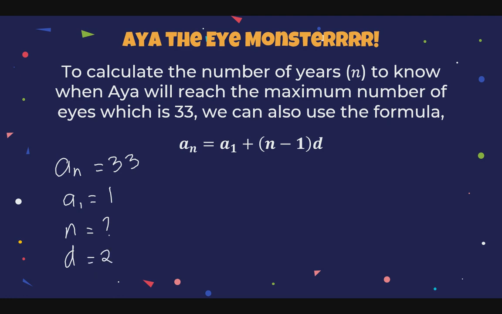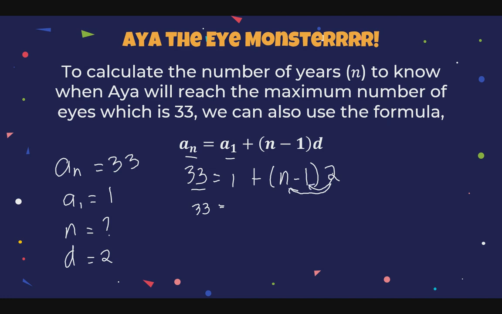So using this data here, let's substitute it to our equation. A sub n is 33, a sub 1 is 1, plus n is missing, so we will maintain it as n, and d is 2. Okay, so let's just copy 33, then distribute first 2 to the binomial here, n minus 1.